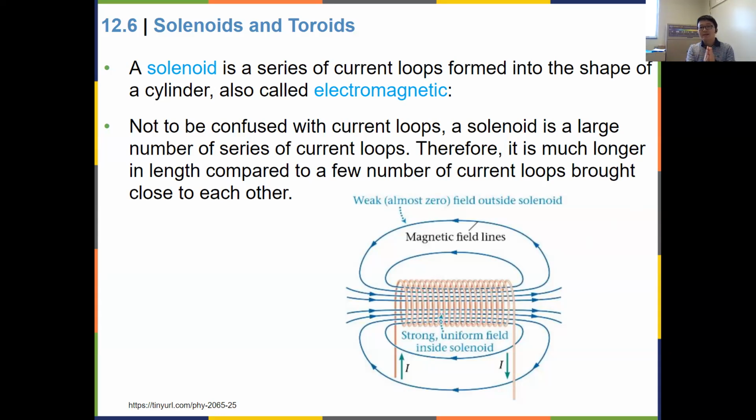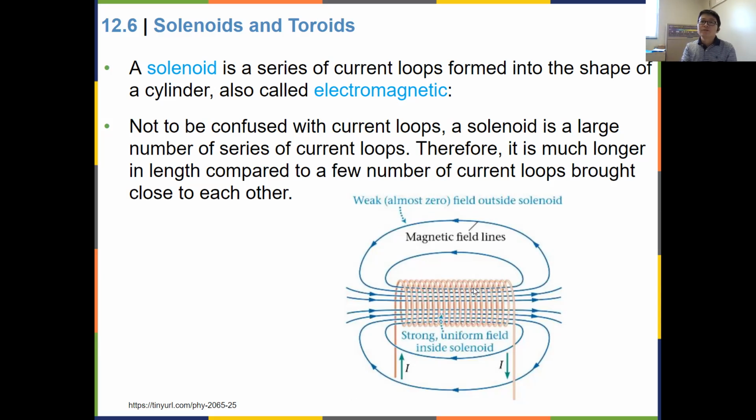So the magnetic field produced will be amplified by the number of turns. If you have 2 turns, then it's twice of that, and 50 turns is 50 times that. Such a device, with multiple loops stacked together, is called a solenoid, or it's also called an electromagnet.